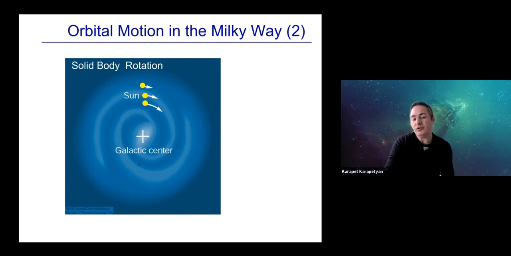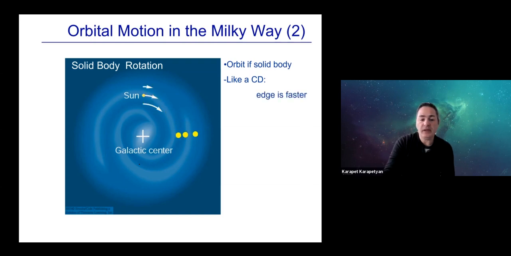The prediction is that the closer you are to the galactic center, the faster the star should be moving. So it says orbit if solid body, and you have something like this, because the idea is that they go around the galactic center.